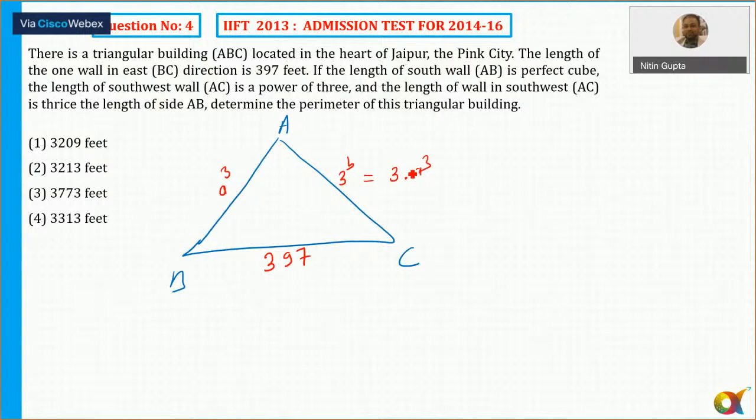All right. So from power 3, raised to power 3 is equal to 3 raised to power B minus 1. So let's be 3 raised to power B minus 1, I can say. Determine the perimeter of this triangular building. So I need to find out what is the perimeter. And BC, the length of one of the walls, is 397 feet.